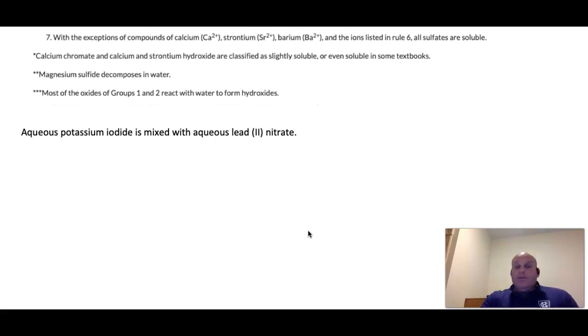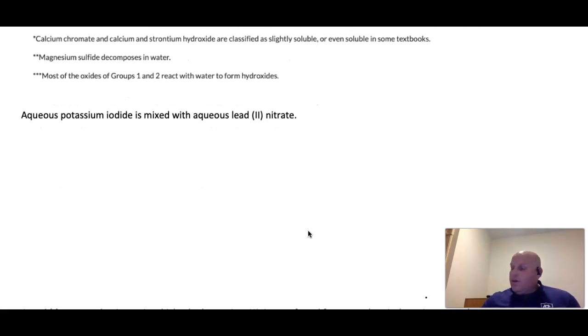Here's our goal. Aqueous potassium iodide is mixed with aqueous lead nitrate. We want to take a look at this reaction, predict the products, and determine if this is a reaction that would actually happen. As I've said before, I always like to quickly write down the ions present because I'm going to use those in a couple different ways.